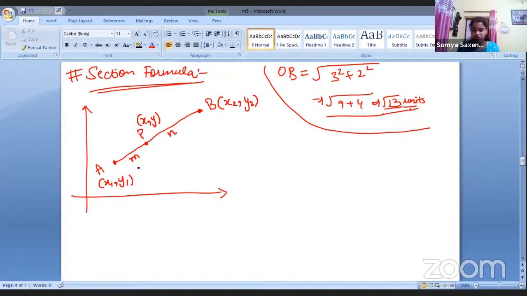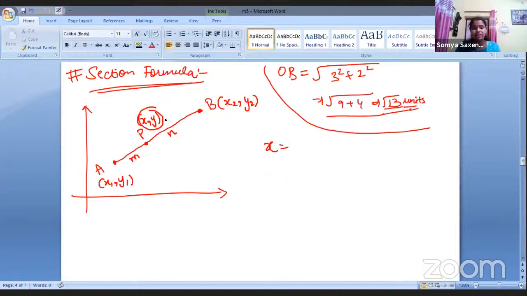Talking about the section formula, what it is. So here we have the section formula. See, most generally, the question that is asked is the coordinates of this point, x comma y. Or we can say that the formula that we have is of them, and we can just modify that formula a little bit to find any other unknown quantity other than this.